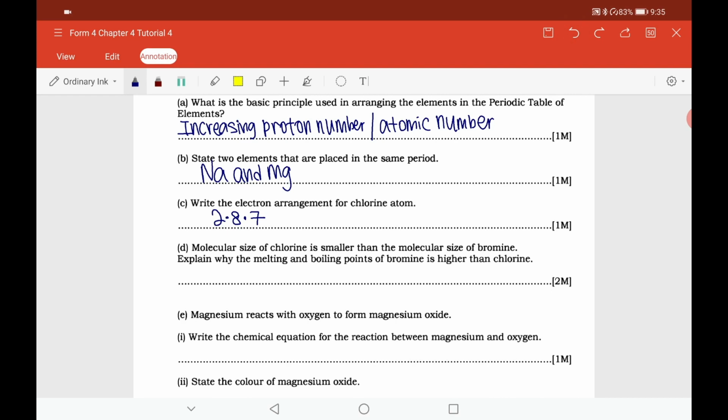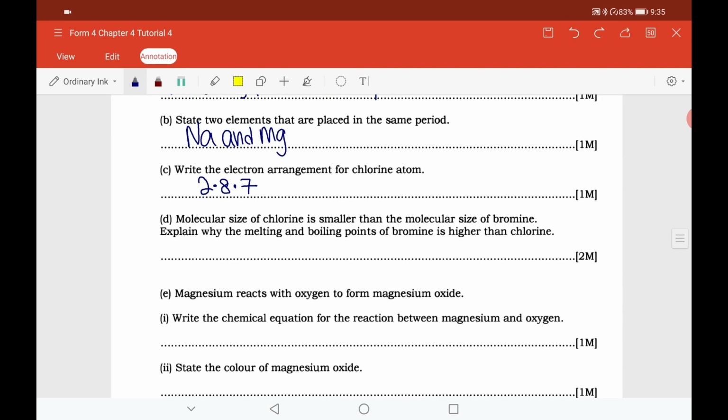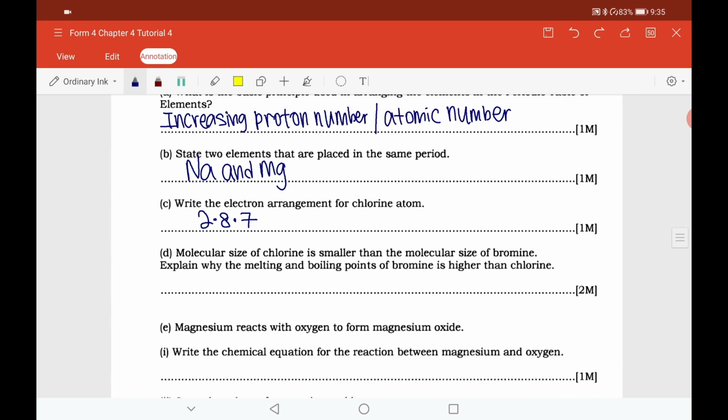So next one. The question says the molecular size of chlorine is smaller than bromine. So why are the melting point and boiling point of bromine higher than chlorine? The question gives us 2 marks. When you want to explain melting point and boiling point, you must talk about the force and the heat.